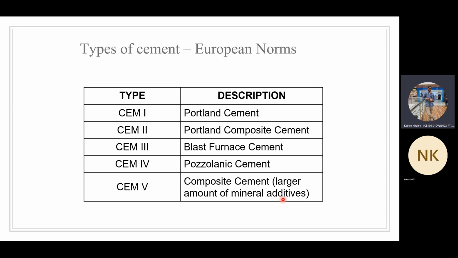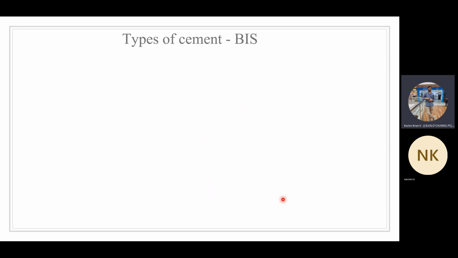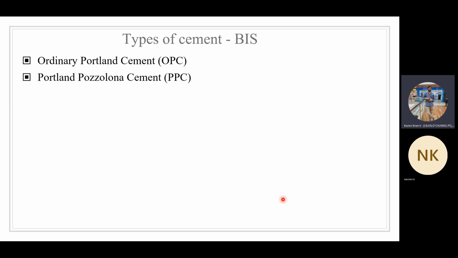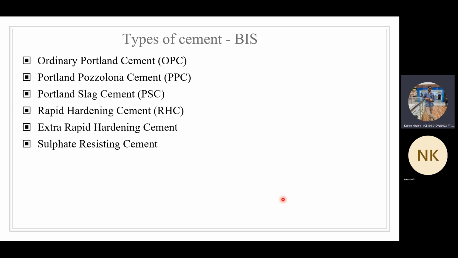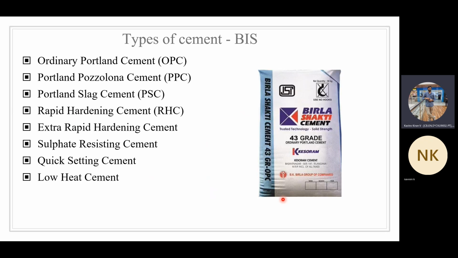Now let's jump into the real thing, which is the classification of cement according to the Indian standards, that is BIS, Bureau of Indian Standards. If you look at the classifications, the first type of cement is ordinary Portland cement. Then we have PPC, that is Portland Pozzolana cement. We also have Portland slag cement, rapid hardening cement, extra rapid hardening cement, sulfate resistant cement, quick setting cement, and low heat cement.